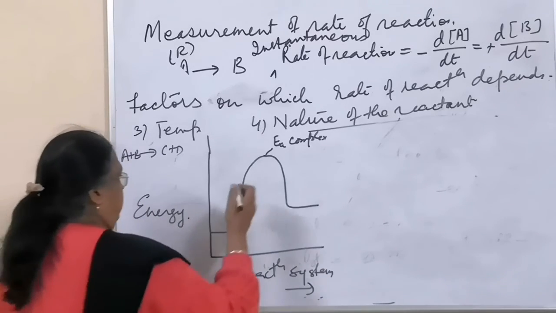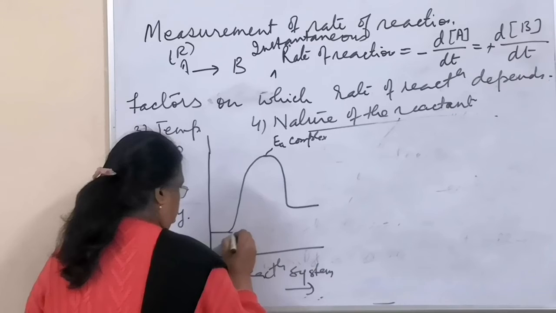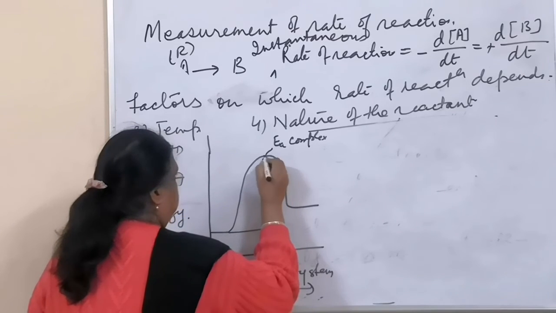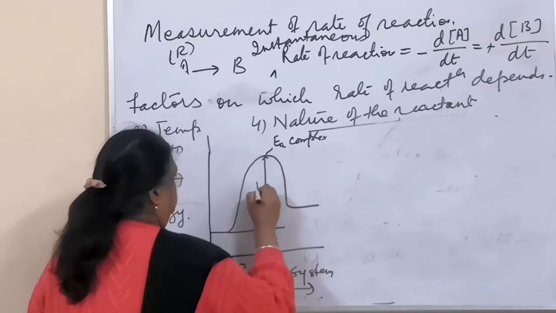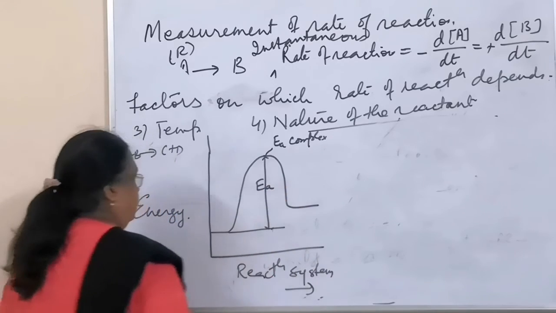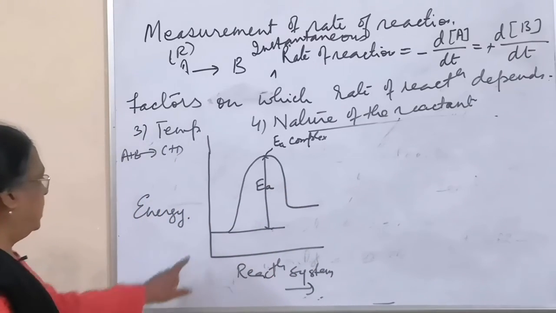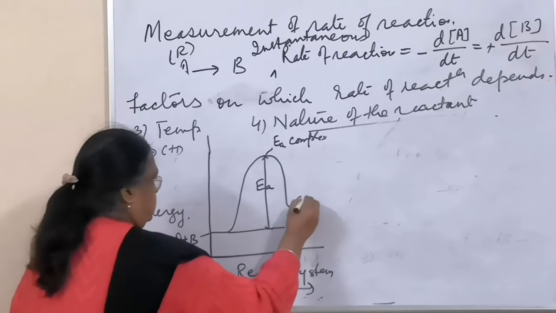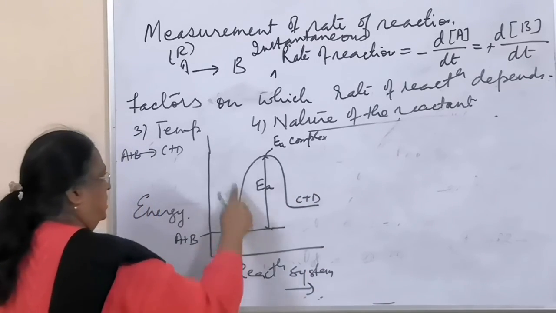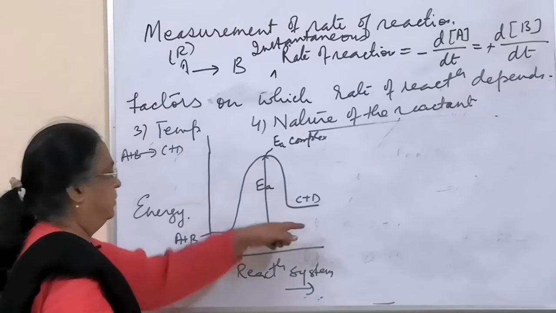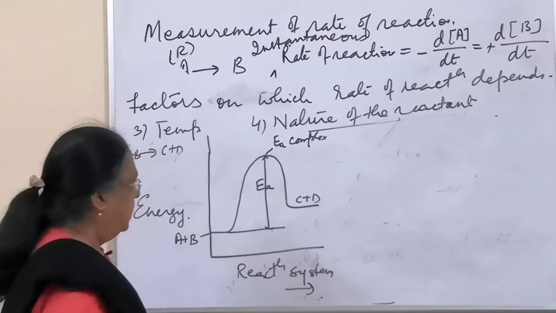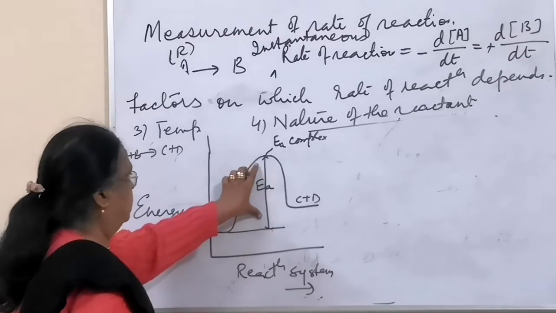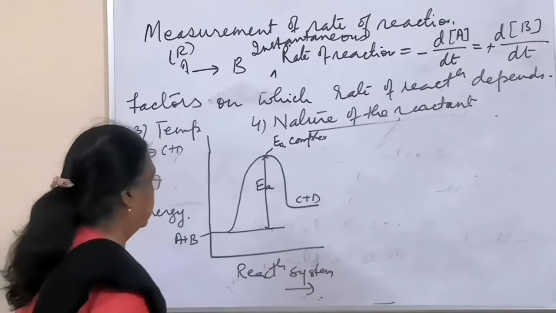Here, this difference is the activation energy. Activation energy means the energy required by the reactant. This is for the reactant and this is for the product. It is the minimum amount of energy the reactant needs to be converted into the product, that is activation energy.